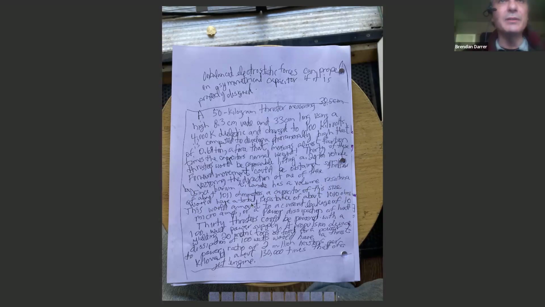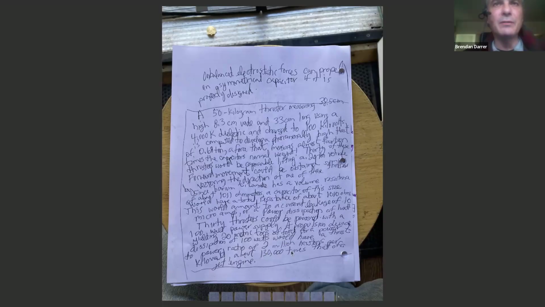This would amount to a current leakage of 10 microamps, or a power dissipation of 1 watt.